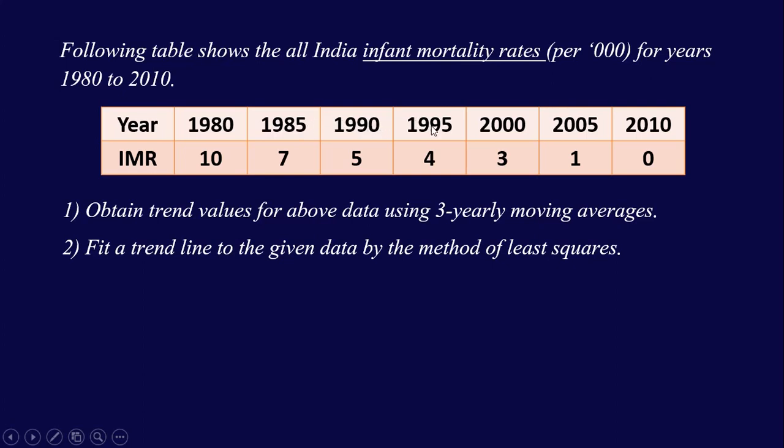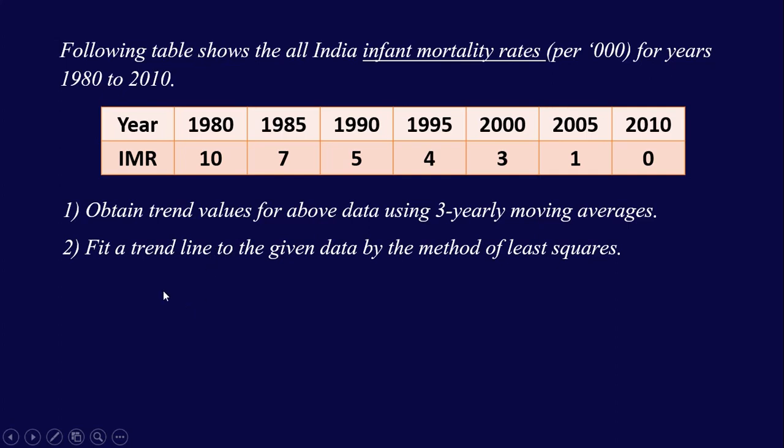Again 1990, 1995, the difference is 5. Similarly here the difference is 5, here the difference is 5. So the difference between two successive years is 5. The total number of observations is 7, that is, an odd number of observations.